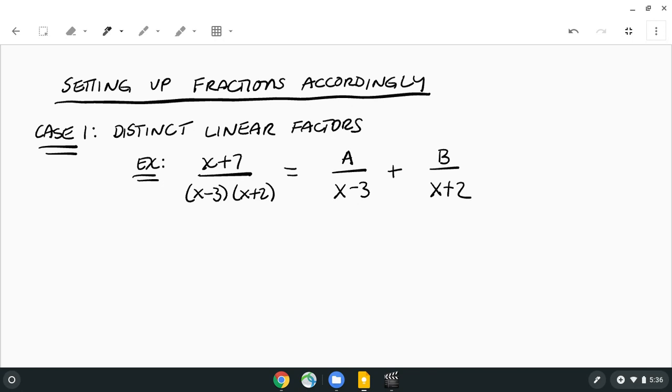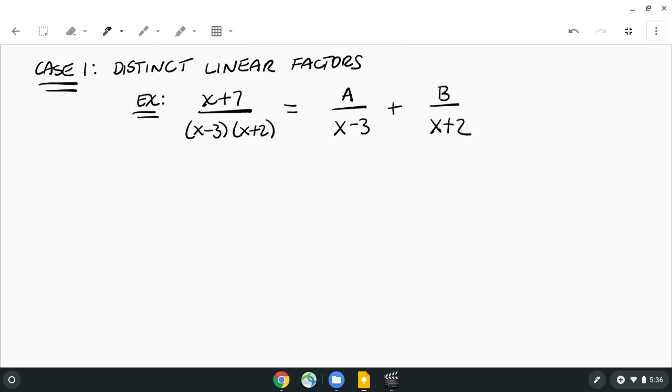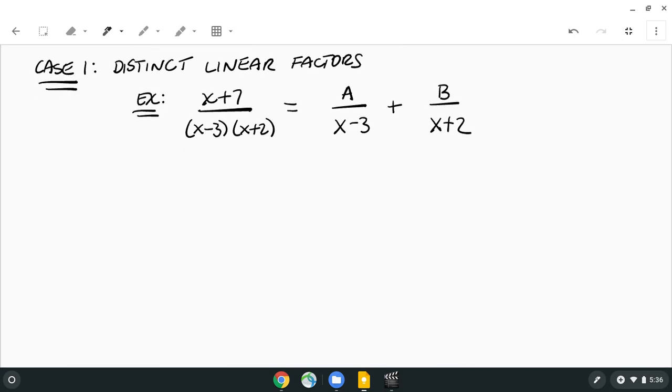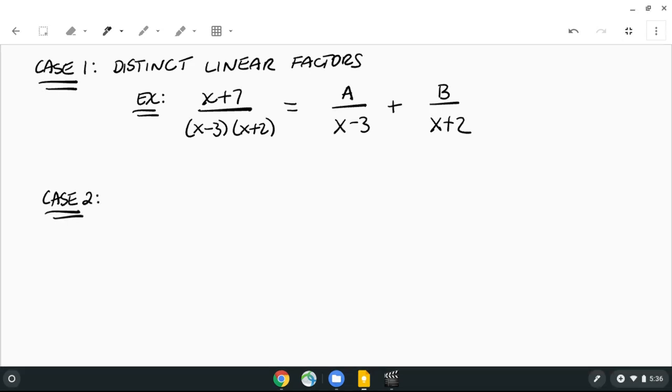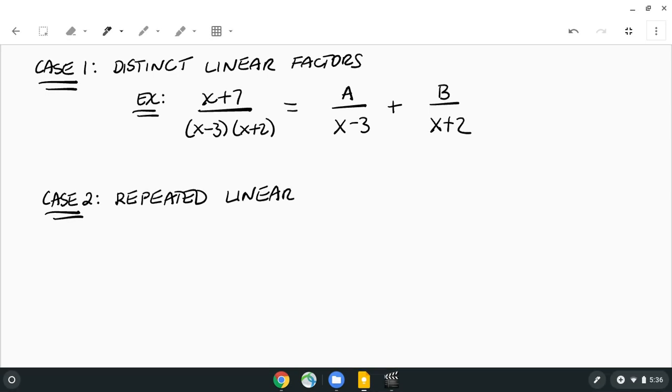Case 2, you have repeated linear factors. So here you don't have anything repeating. You have x minus 3, x plus 2. So let's take a look at what happens when you have repeated linear factors.